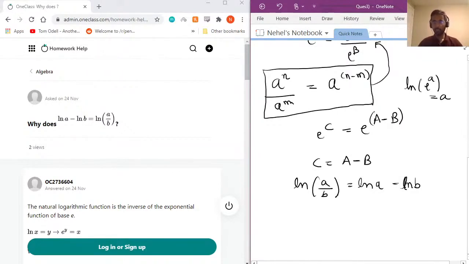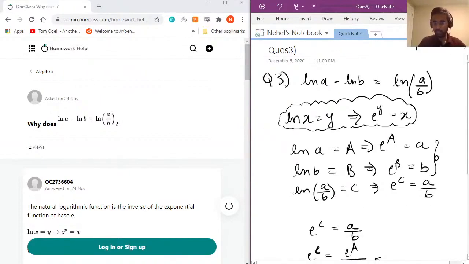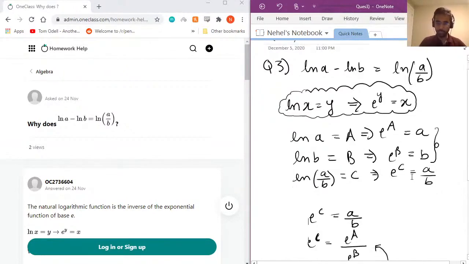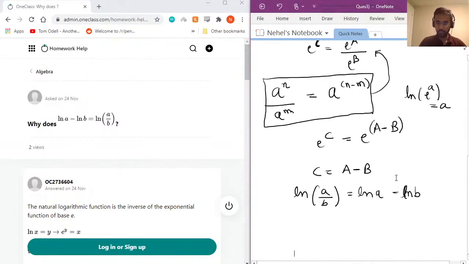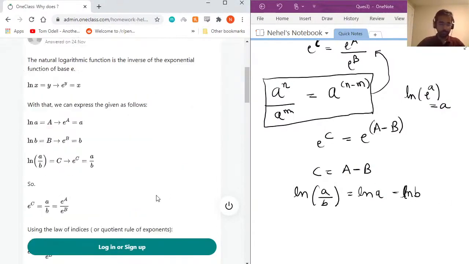We started off with the two logarithmic terms and equated their values to some numerical value A and some numerical value B. From that we got the values of small a and small b, and used that to go back into the logarithmic term with the help of the variable C. This is how we were able to prove that this identity, the division rule for logarithms, actually holds true.